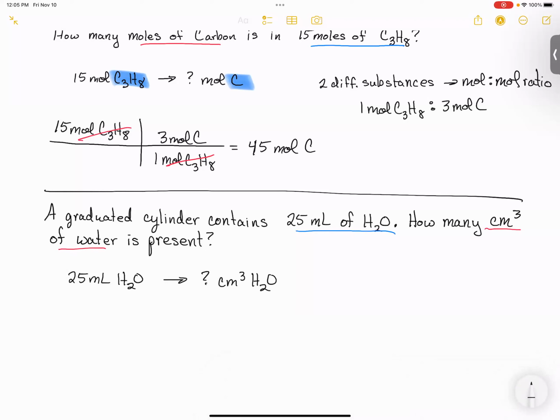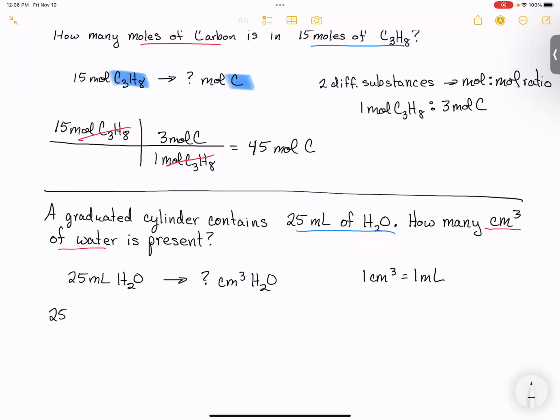So where am I going to go for my conversion factor? Top table, bottom table. Top table. Top table is when you don't have anything in common. And when you look it up in the top table, 1 centimeter cubed is equal to 1 milliliter because they are both volume units.